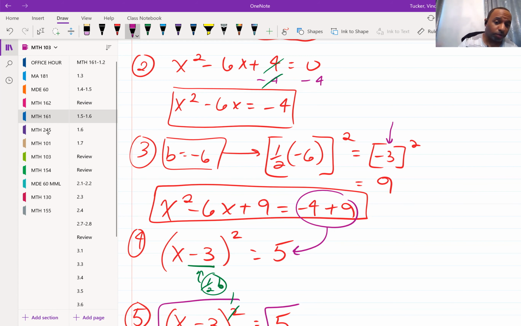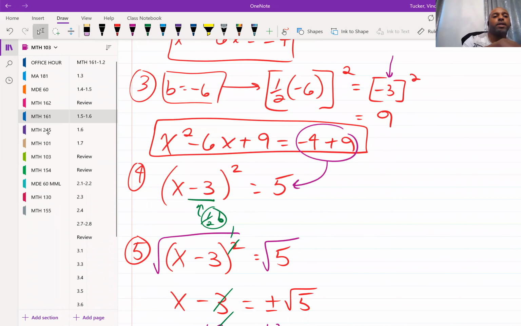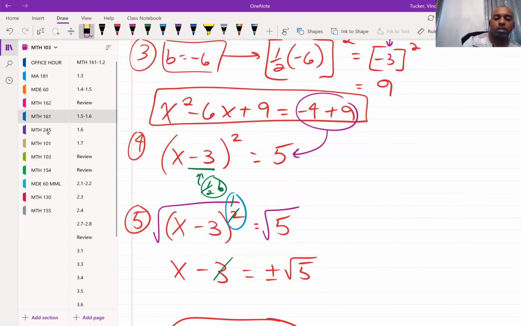Once you factor correctly and simplify on the right side, we can go ahead and solve. The next move is to take the square root of both sides. Notice my square and square root cancel over here. And then on the right, we have this plus or minus.